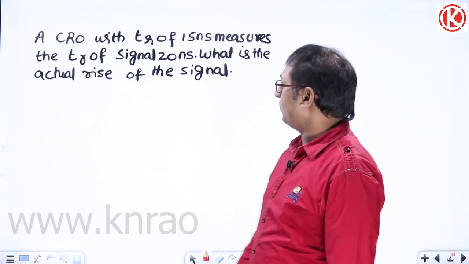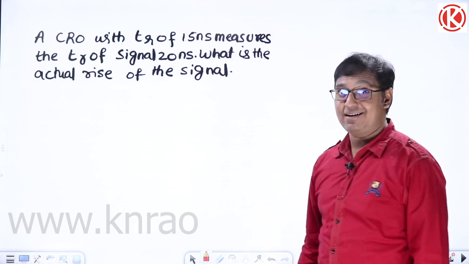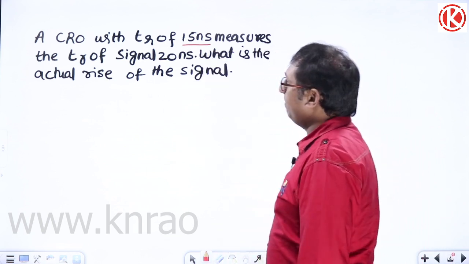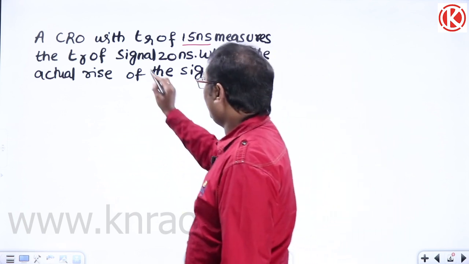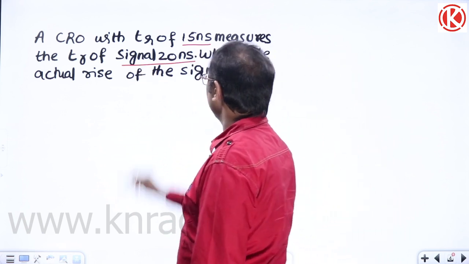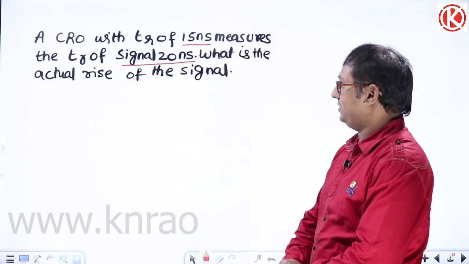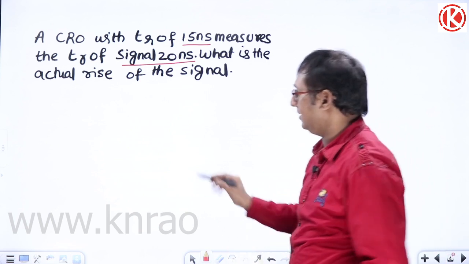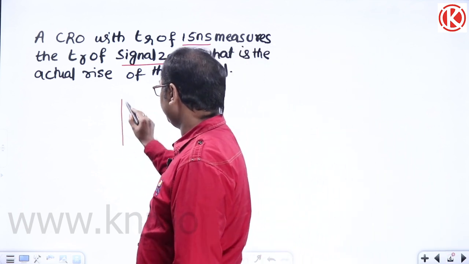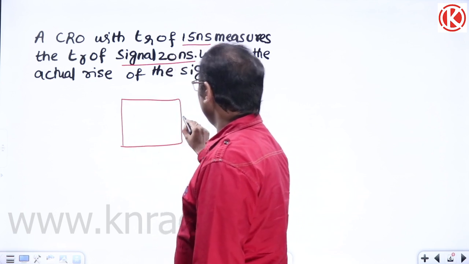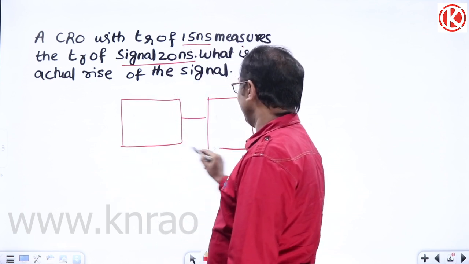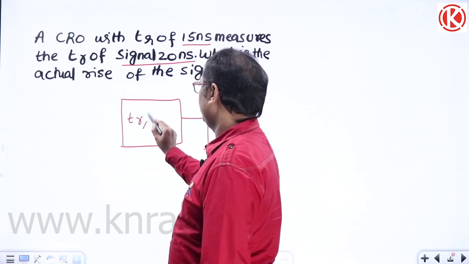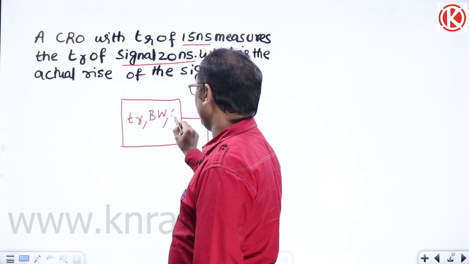Next, a CRO with a rise time of 15 nanoseconds measures the rise time of a signal which is 20 nanoseconds. What is the actual rise time of the signal? A small note. Suppose two amplifiers are cascaded, each having some rise time, some bandwidth, and some gain.